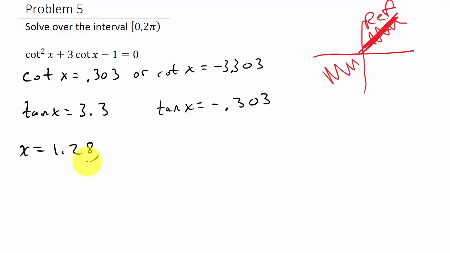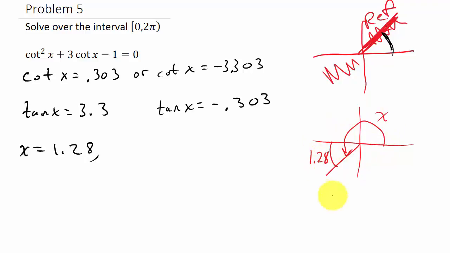And remember, that's radians. If you're not getting that when you do the inverse tangent, make sure your calculator is in radians. So that's my first quadrant angle, and it's also my reference angle, which is a solution because its tangent is positive. Now let's find the third quadrant angle. There's x. Here's my reference angle, 1.28.